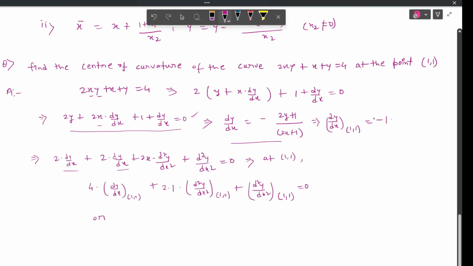And we know dy by dx at (1, 1) is minus 1. So this is minus 4. Okay.